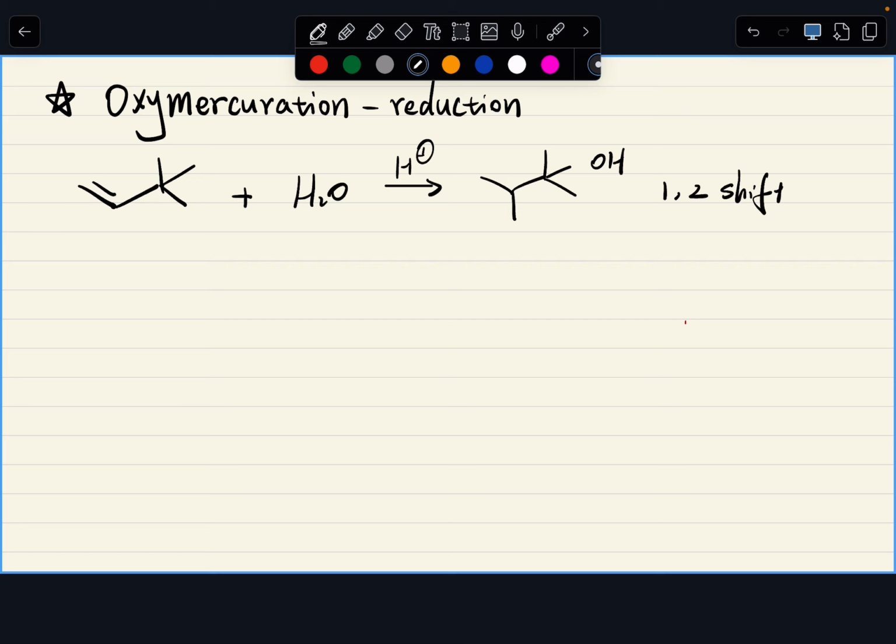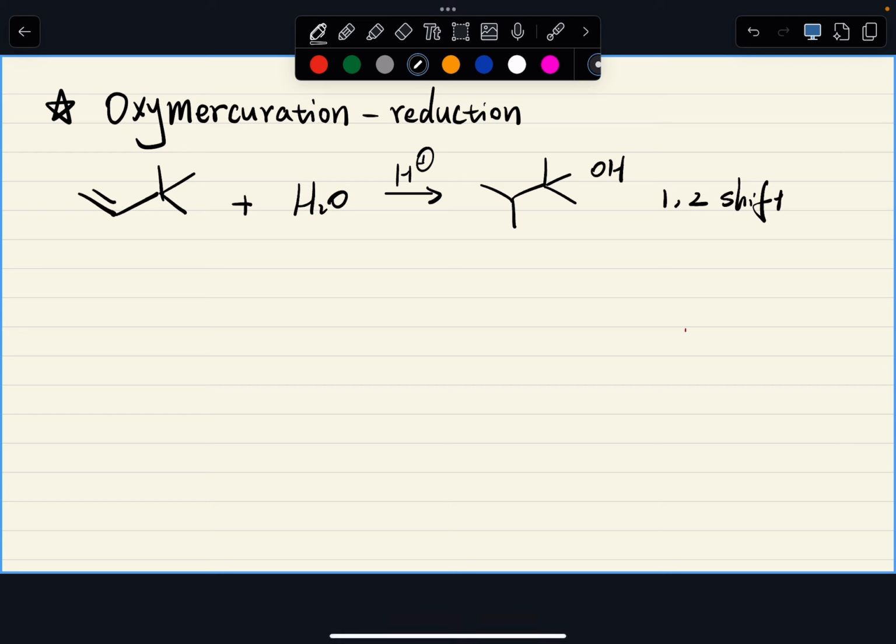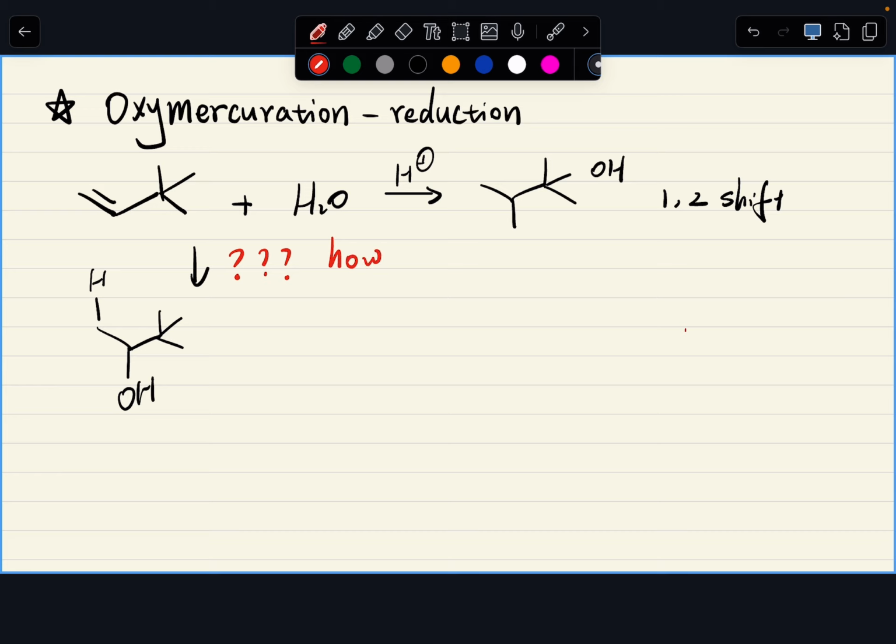This is the example we just did together. But what if I want my OH to be located on this secondary position? How to achieve it? We cannot get to this product in the acid-catalyzed hydration because of carbocation rearrangement.